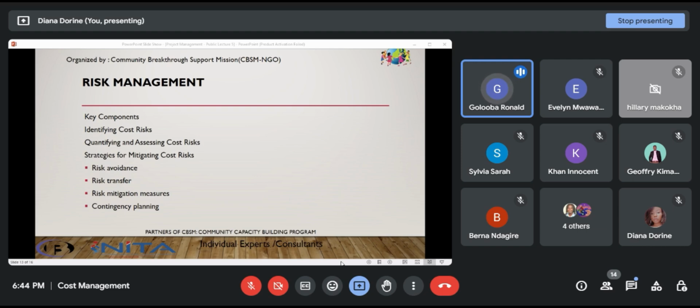So the process of risk management, before we move to it, we have to understand the key components. And we shall be looking at risk management in detail in the coming lectures. But for now, we'll look at this process where we are identifying the risk.